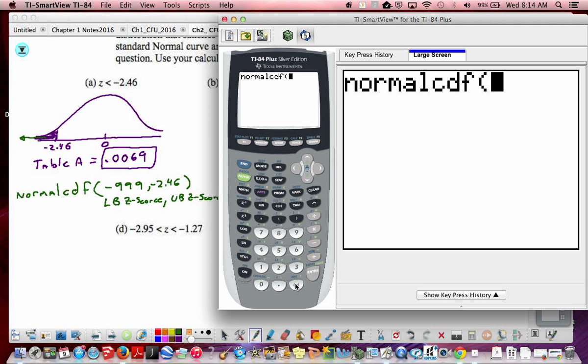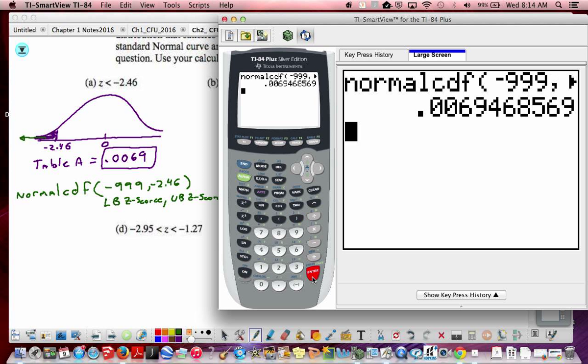Then I can go ahead and type in negative 999, comma, negative 2.46. Go ahead and hit enter, and you see that we get basically the same answer. This gives you, on the calculator, the more precise answer. The table will give you it out to 4 decimal places. 4 decimal places is just fine for your results.